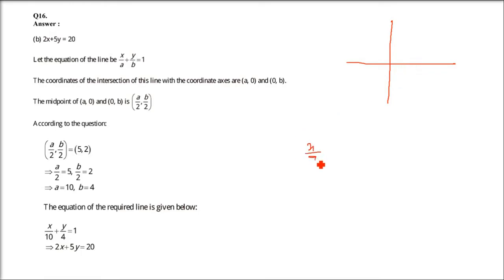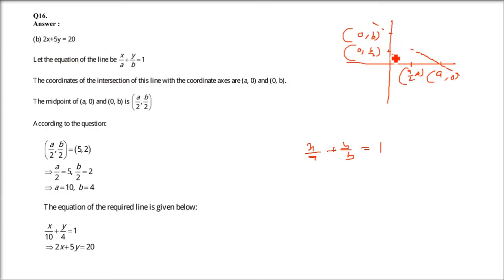Let us assume that the equation of the line in the intercept form is x by a plus y by b equals 1. Now from here this point is a, 0, that is the x intercept. Y intercept is 0, b. Now this 5, 2 is the midpoint of the intercepts. If you bisect this x axis, you get a by 2, 0. And if you bisect this b, you get 0, b by 2.